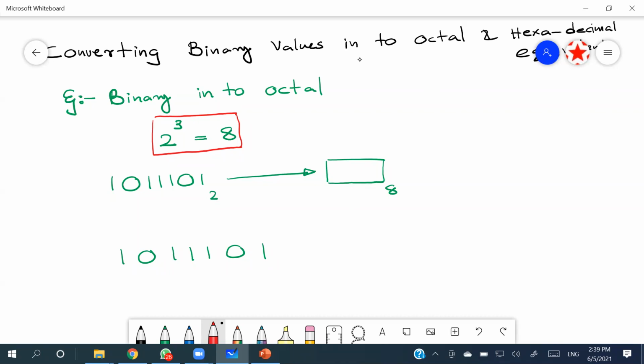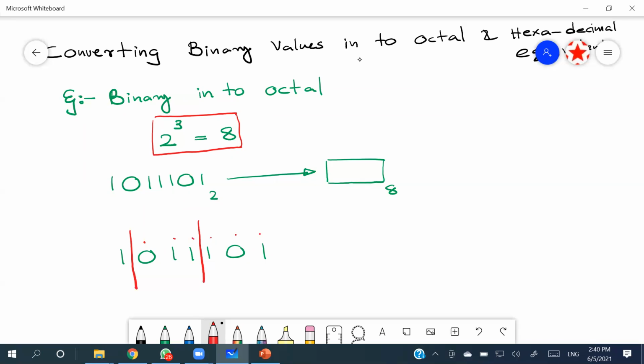Starting from the right, we count 1, 2, 3. Here we draw a line. And again we count 1, 2, 3. Here we draw a line. So that is the first thing that we have to do.